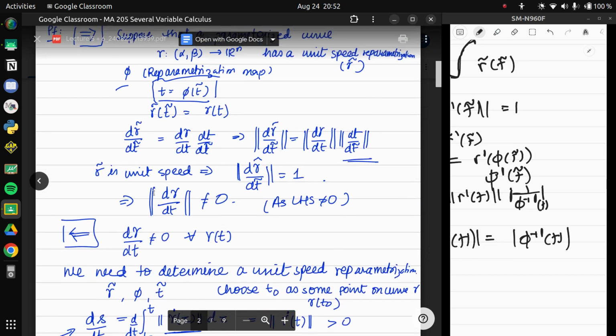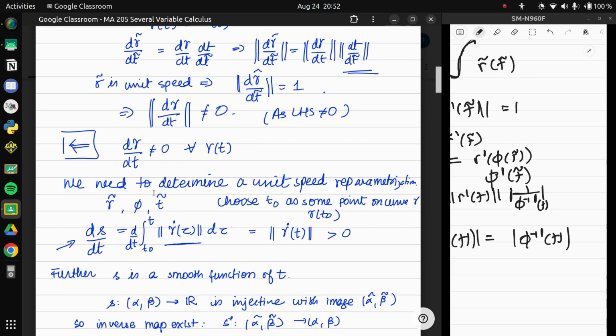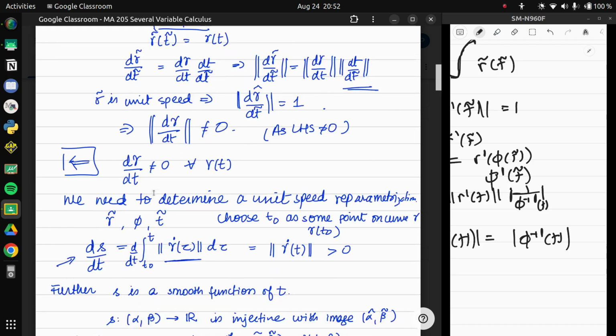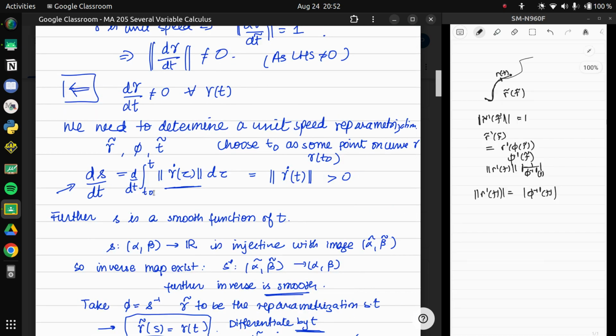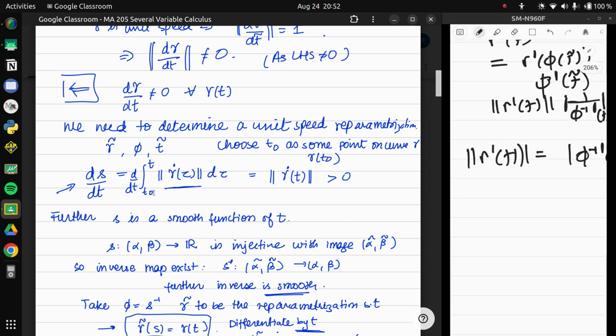They're also writing this s stuff, which is crazy, but whatever. So the point was, how do you get to this? Your speed is given.